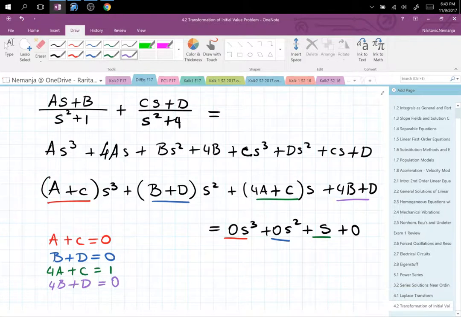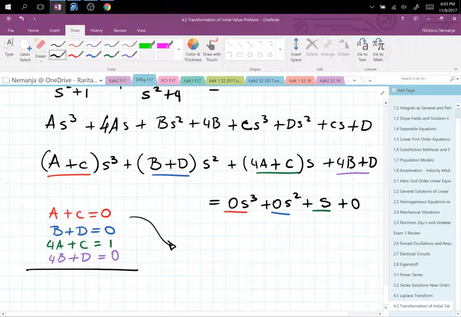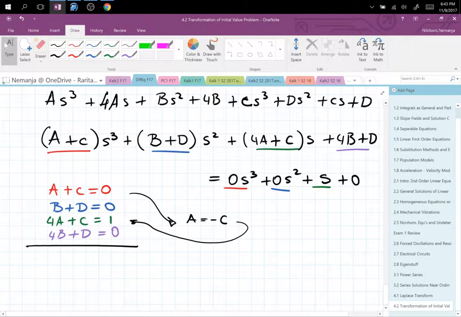Nice. Now this is why you don't need a matrix for this one, if you know they're coupled. You see that? So I actually have two sets of two equations with two unknowns. The red equation tells us that A is equal to negative C, and we can plug that in the green equation, so we get 4 times negative C plus C is equal to 1.